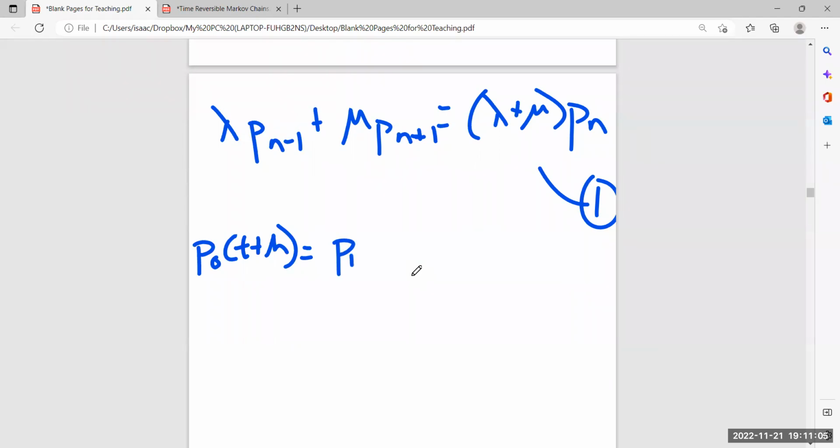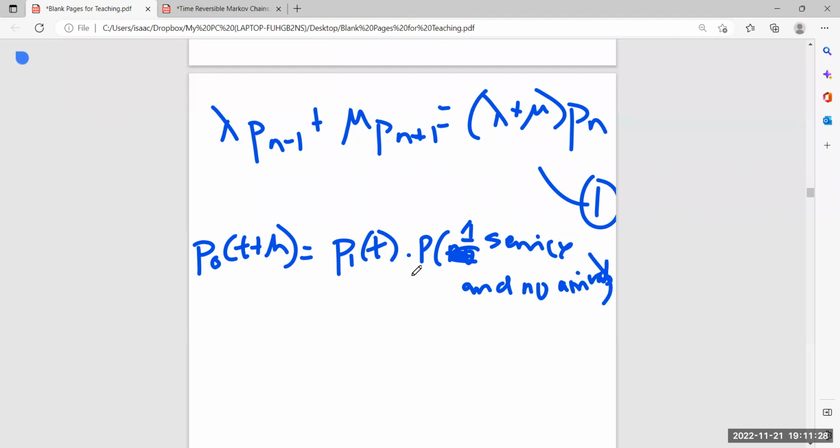So that is the same as having 1 item in the queue, but then you have 1 service and no arrivals, plus you have 0 in the queue, and then you have no arrivals and no service.